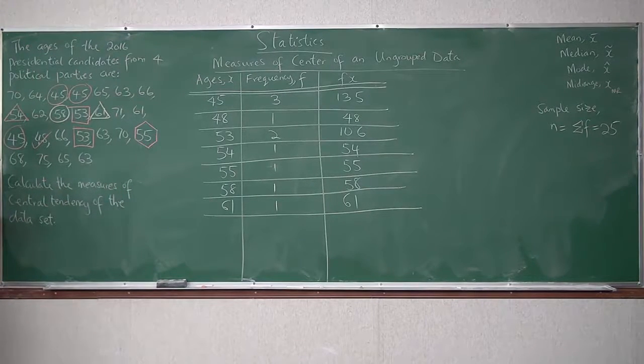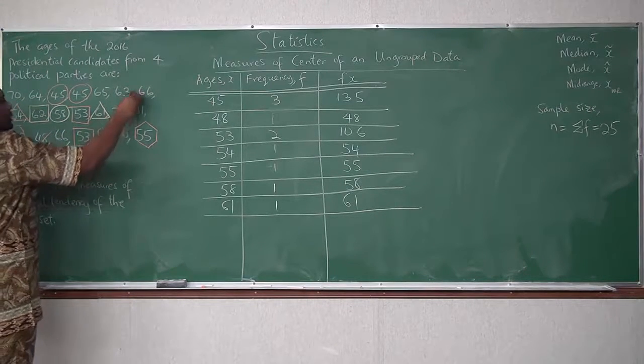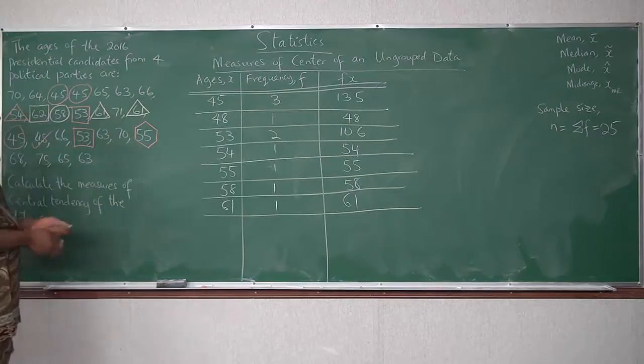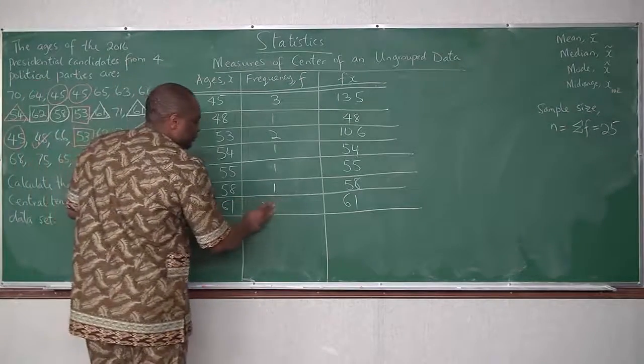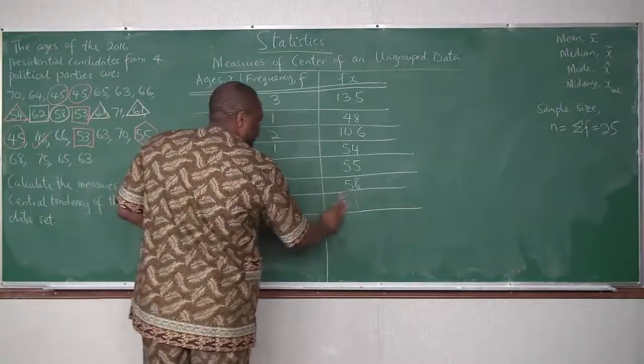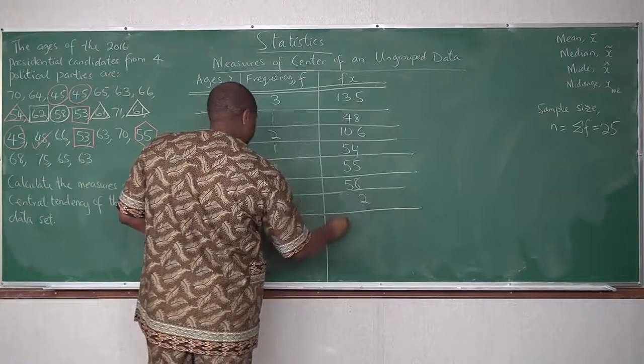62, we have 62. Let me use a yellow square. Oh, 61, we still have another one here, so let me use a triangle. So 61 is actually 2. 2 times 1 is 2, 2 times 6 is 12.